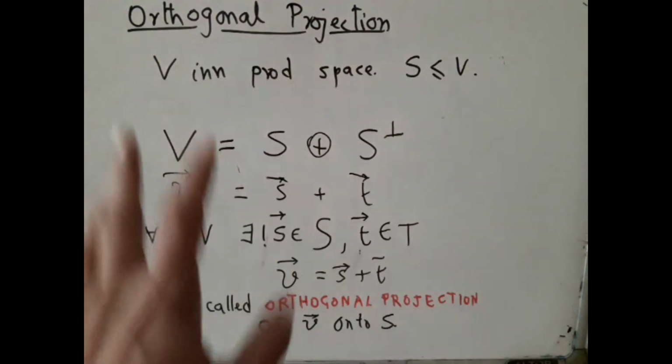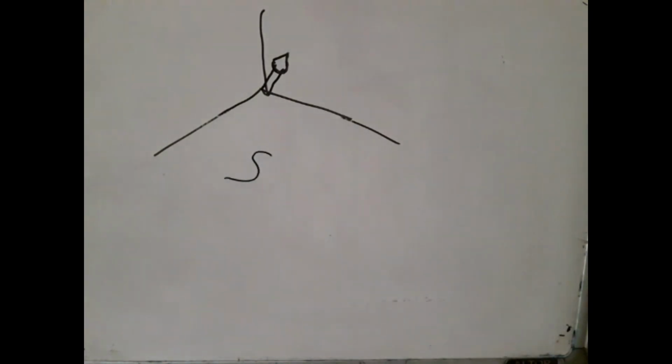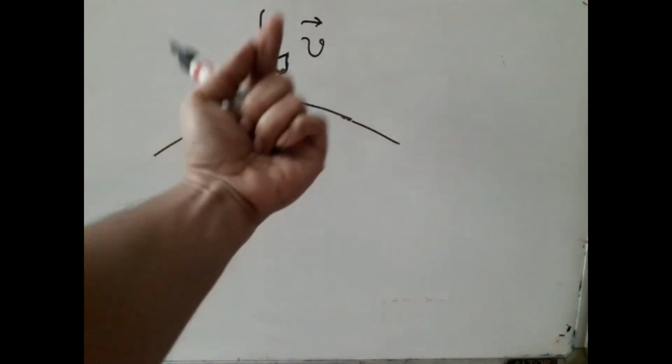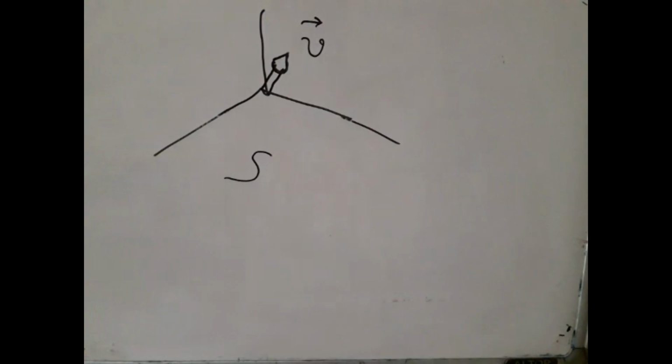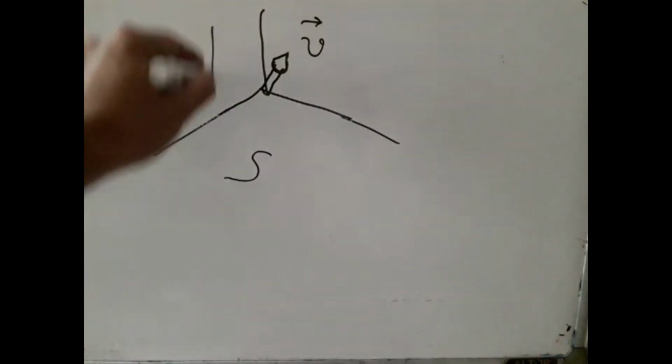So it is very important to understand it pictorially. Suppose we are working with R3 and S is the xy plane and here is a vector V, then we already know that its orthogonal complement is the z-axis. Now this vector V is sticking out of the board like this. Then to visualize the orthogonal projection of V onto S, we imagine that light is shining onto S perpendicular to S, so it is like the floor and we are at 12 noon, so sunlight is shining down parallelly like this.